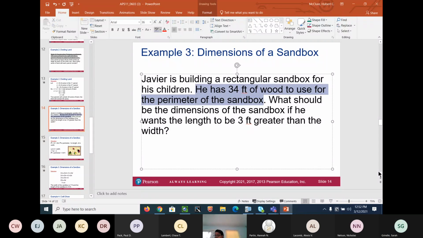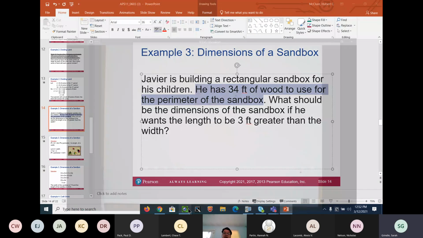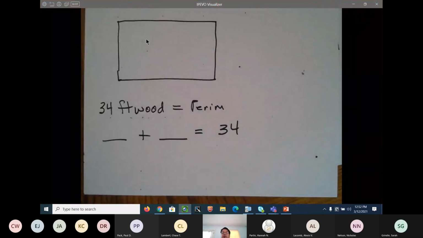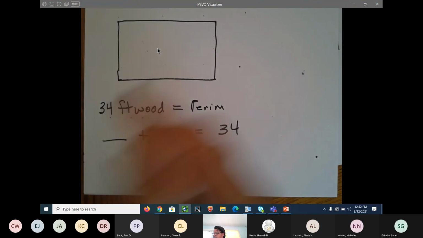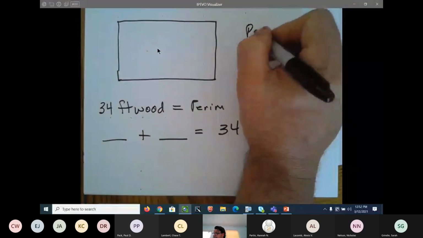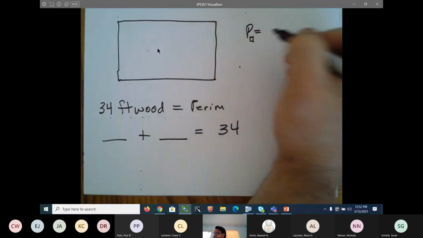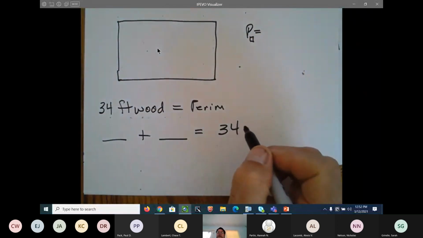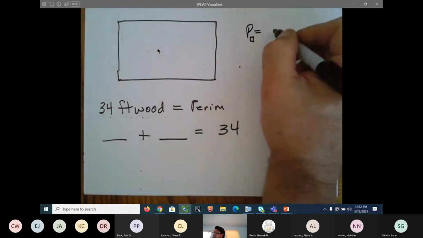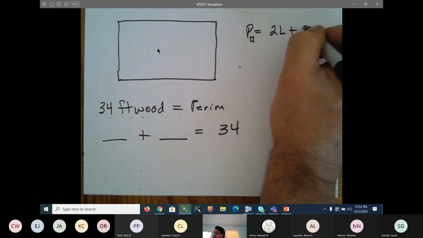So blank plus blank is equal to 34. Now, why did I put two sides on the left-hand side? Because this is a quadrilateral. And the perimeter for a quadrilateral, which means a square or a rectangle, is equal to 2L plus what?